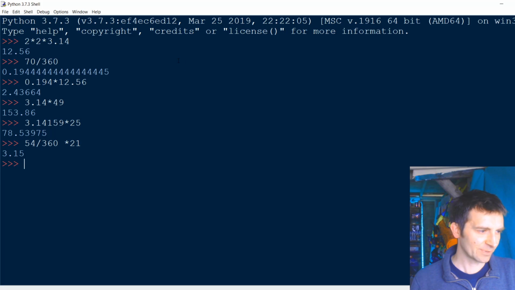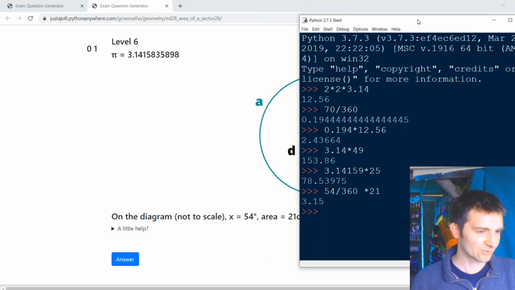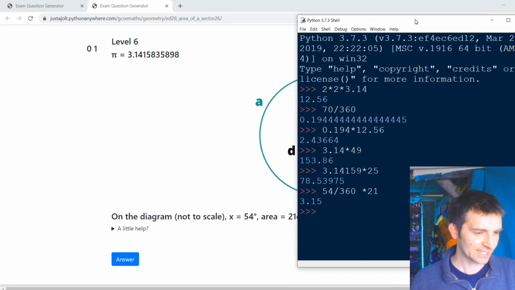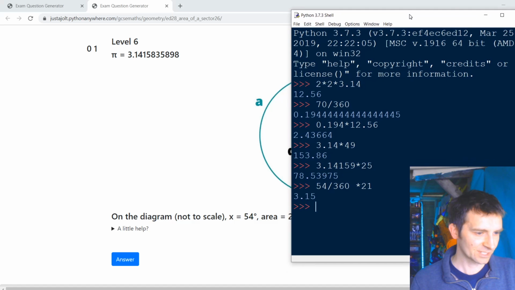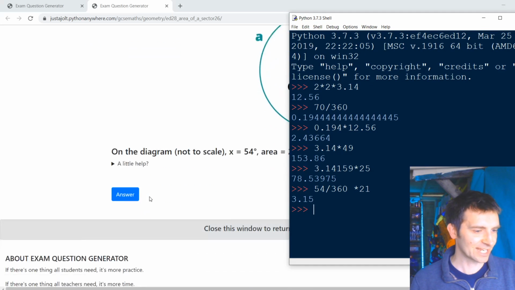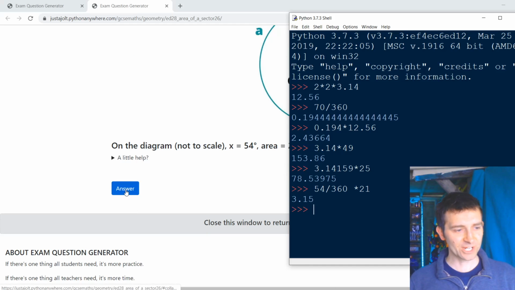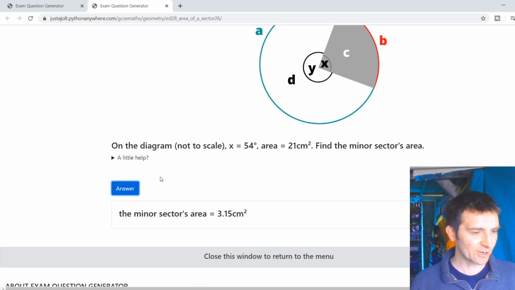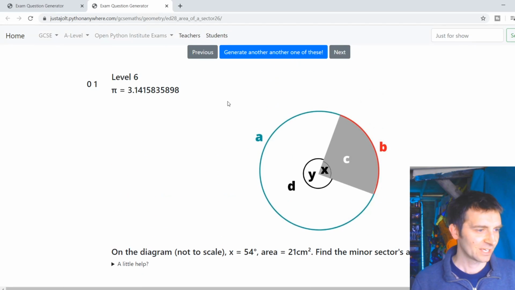Does that look right? Yeah, that sounds like it could be just about kosher. Right, so 3.15 is our answer. Let's see if that's the same answer as what we get. The answer, by the way, should be 3.15 centimeters squared. And we get 3.15 centimeters squared. Not going to bother doing another one of these.